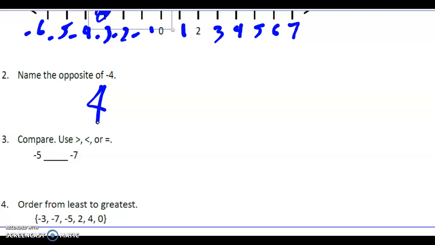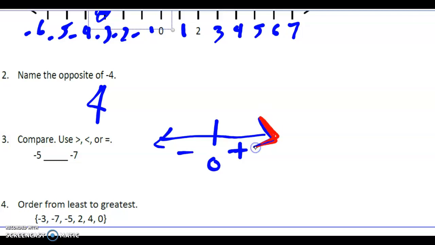Number 3, compare by using greater than, less than, or equal to. So we're comparing -5 to -7. The first thing I recommend is making sure that you understand the inequality symbols. If I had a number line, to the right of 0 would be my positive numbers, and to the left of 0 would be my negative numbers. So when my inequality faces the positive side, that's greater than.